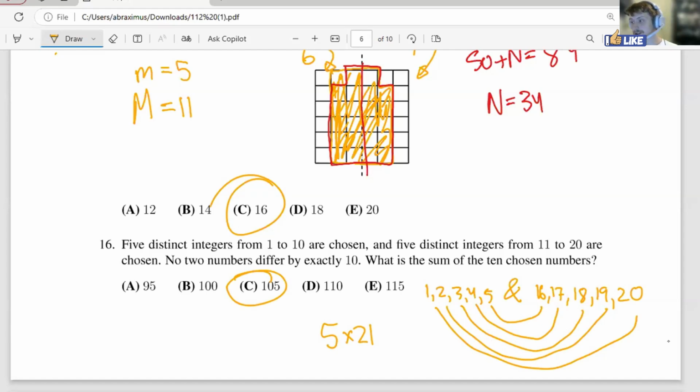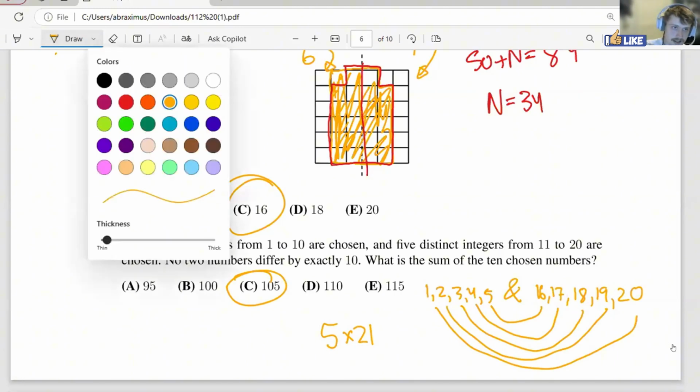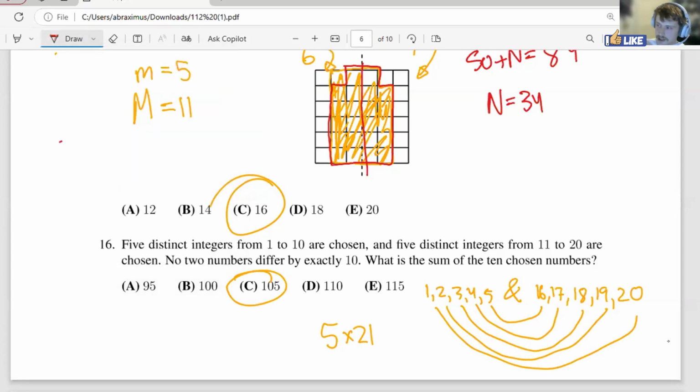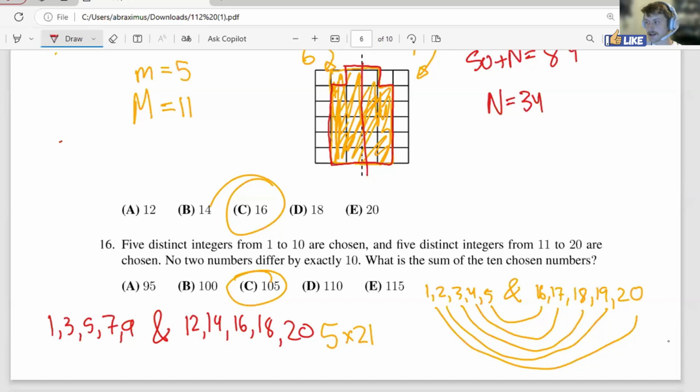Angela, can you check for me and see what the sum is when you do that one? I guess other people can check this too. Our friend Angela has suggested that we do 1, 3, 5, 7, 9, and 12, 14, 16, 18, and 20. Angela was thinking, okay, what if instead of making them as small as possible and as big as possible, so that none of them have a difference of 10, I just make the first 5 odd and the second 5 even?